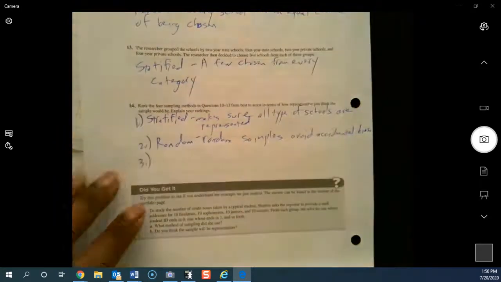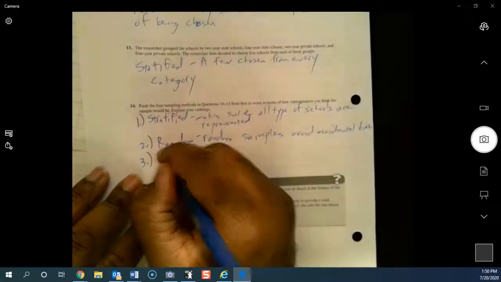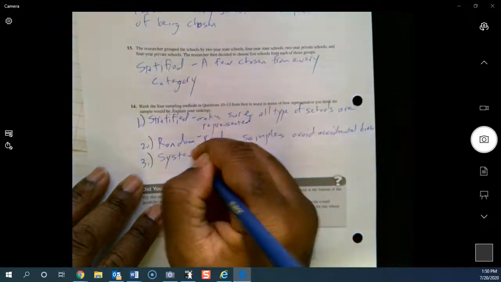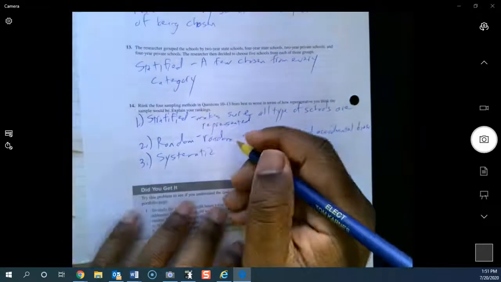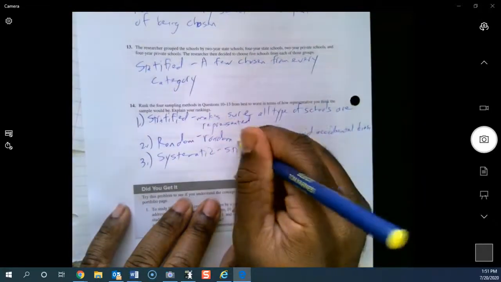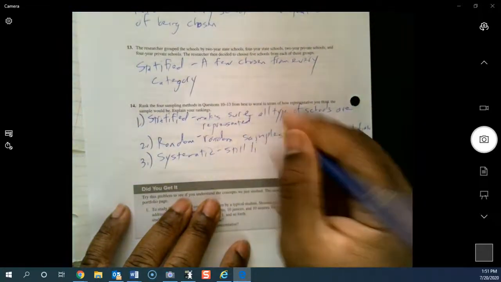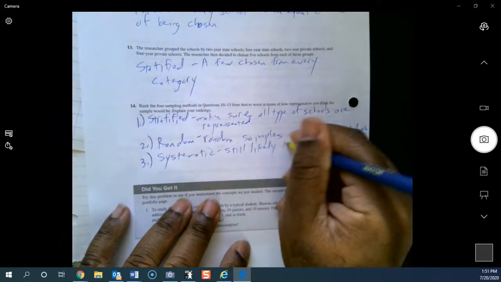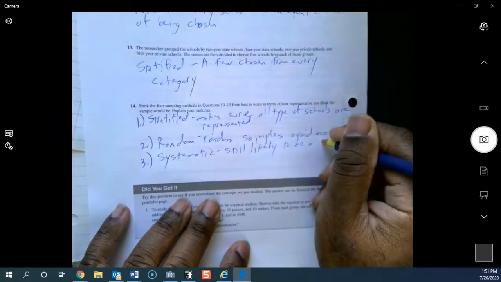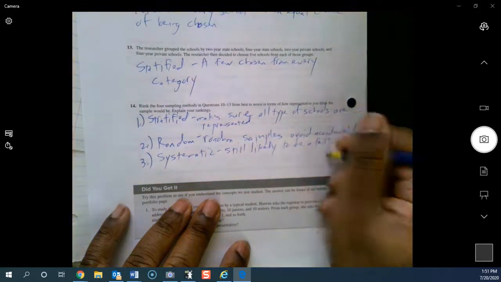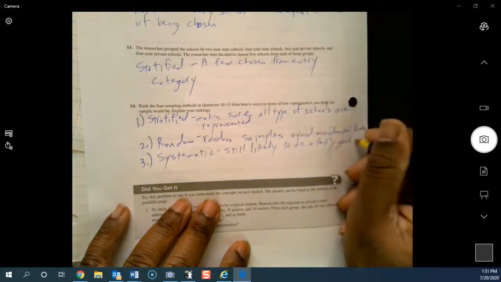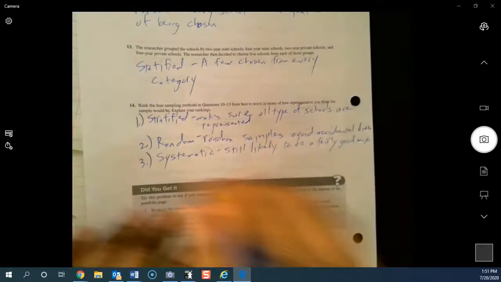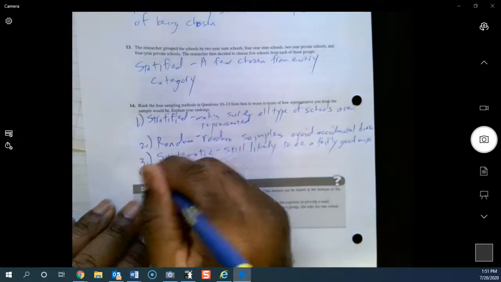Okay, 3. I will go with systematic. Still likely to be a fairly good mix. And finally, number 4 would be cluster.